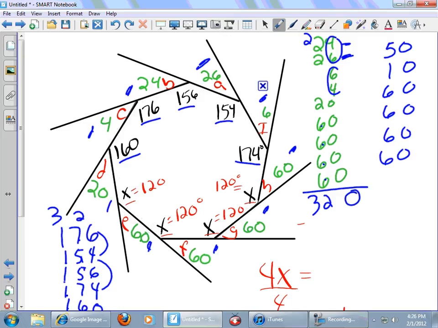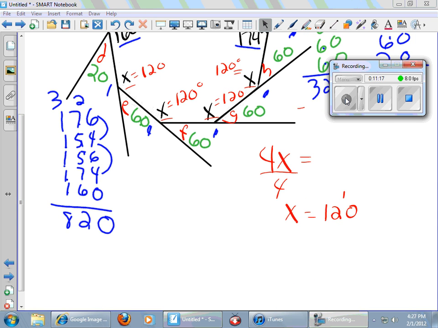And then I've got a 20. All right, let's see if I can't get this. And if I didn't, then one of my interior angles is wrong, and I'm going to have to go back and check my math. All right, so let's see here. 2, 1, 6, 12, 18, 24, 30. Yeah, I'm only coming up with 320. All right, I'm going to pause the video here, see if I can't find my mistake.